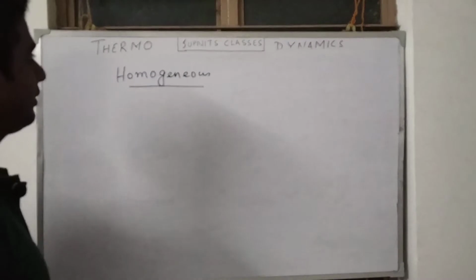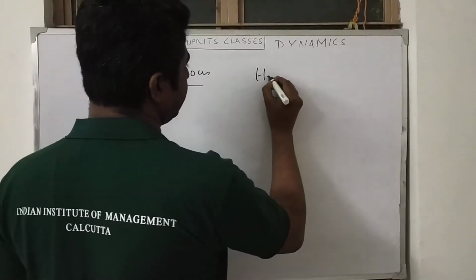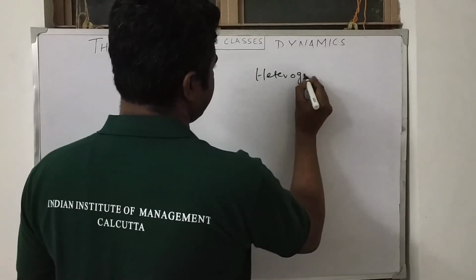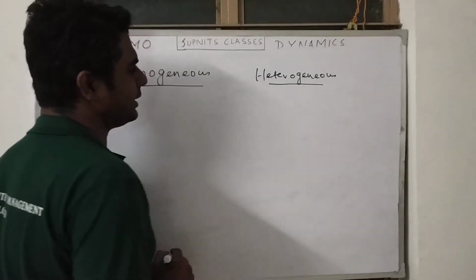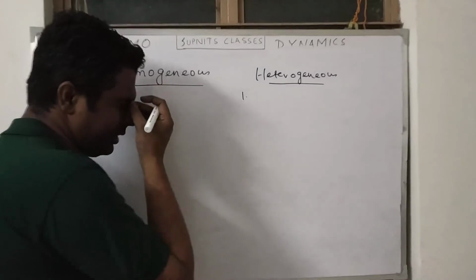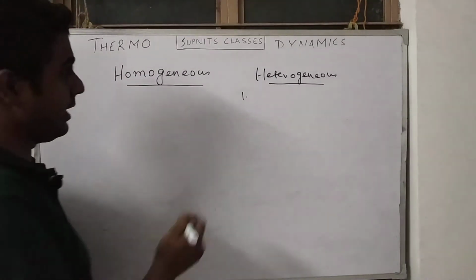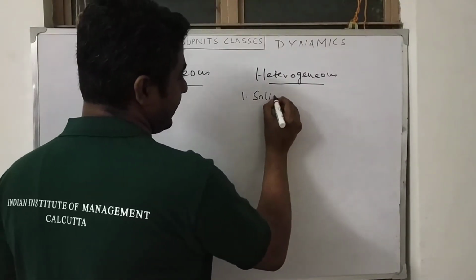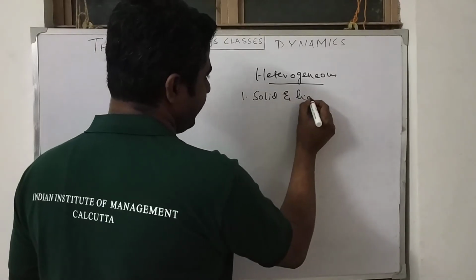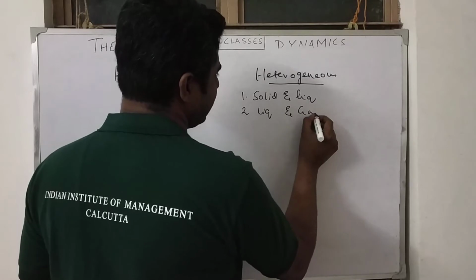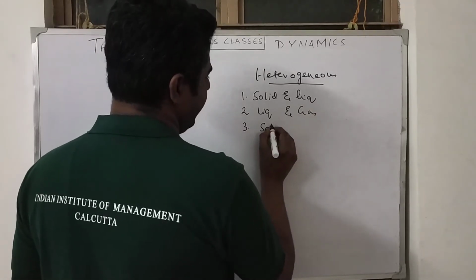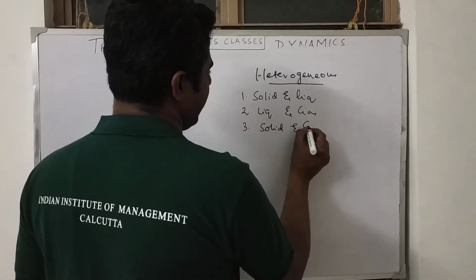Okay, but while I talk about the heterogeneous system, then what is heterogeneous? First of all, heterogeneous can be different phases like solid and liquid, ठीक है, liquid and gas or solid and gas, ठीक है.